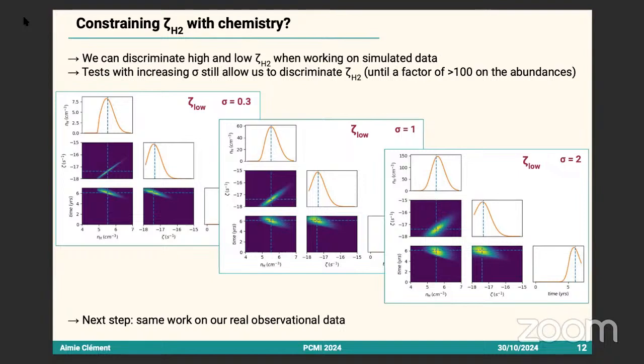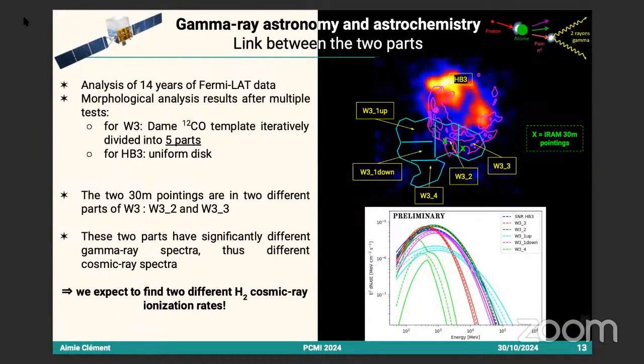Now I'm just going to speak about something else, because another part of my PhD work is in gamma rays. Cosmic rays are also very important in gamma rays, because when a proton of the cosmic rays interacts with a proton of the matter of the ISM, it will produce a neutral pion that will then decay into two gamma rays.